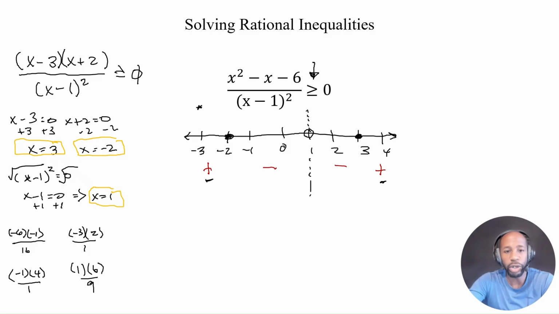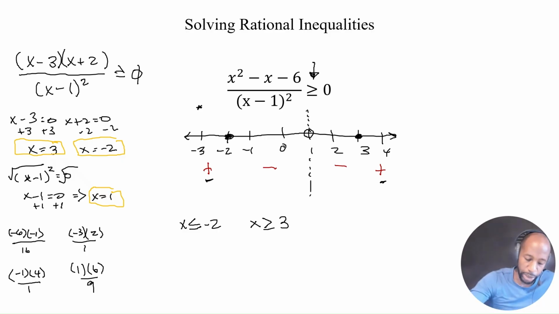So the region on the left is going to be x is less than or equal to negative 2. Well, hold on, let me see, yeah, negative 2, because that was a 0. And then you also have x is greater than or equal to positive 3. Okay, let me make sure that I looked at that correctly. Yes. Okay. So these are the answers here.